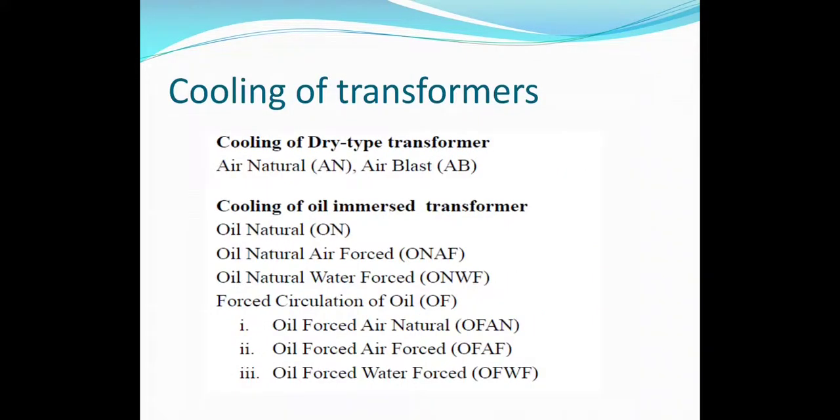So by this they are classified as cooling of dry type transformer and cooling of oil immersed type transformer. Dry type transformer is air natural, air blast, and oil immersed type is oil natural air natural, oil natural air forced, oil natural water forced, and forced circulation is oil forced air natural, oil forced air forced, oil forced water forced. These are the methods by which we can cool the transformer.